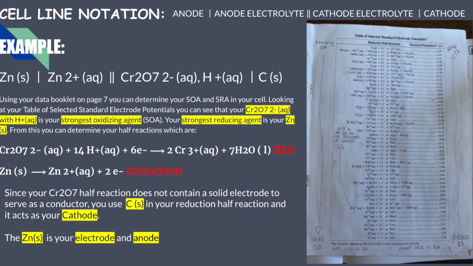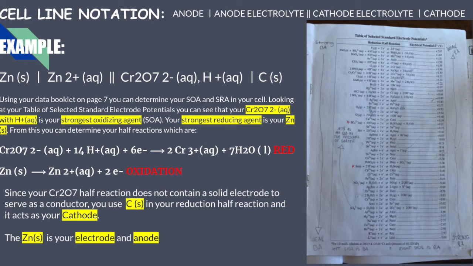Looking at your table of selected standard electrode potentials, you can see that your dichromate with hydrogen is your strongest oxidizing agent, your SOA, and your strongest reducing agent, your SRA, is your zinc solid.